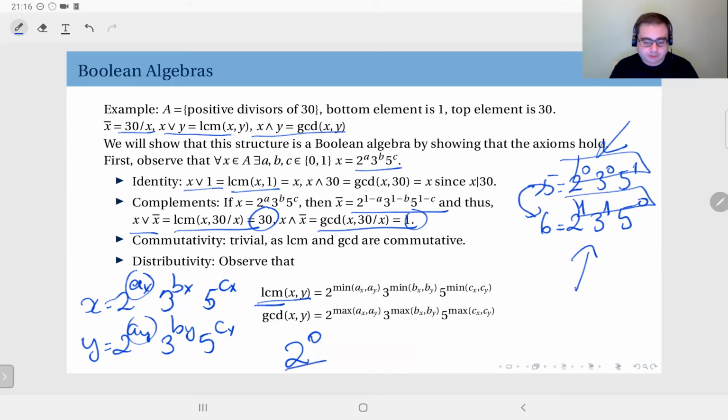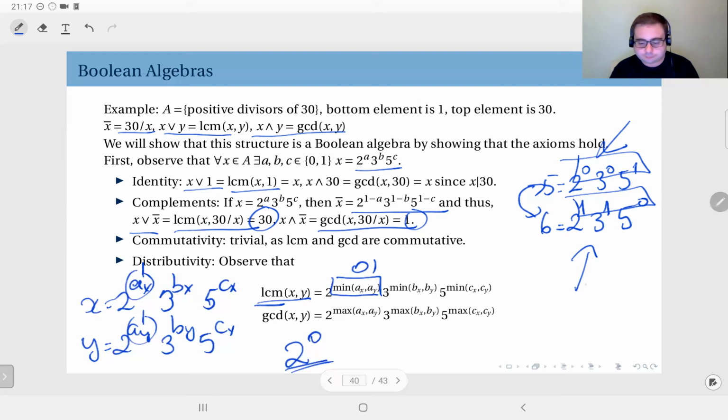It should still be 2 to the power 0 in the LCM because it's not common. The only way I should include 2 in the least common multiple is if both a sub x and a sub y are 1. So I'm putting a minimum here. If I see 0, 0, or 0, 1, or 1, 0, this will be 0. Only if they are 1, 1, then I will put a 1 here, and I will include the factor of 2 in the least common multiple.